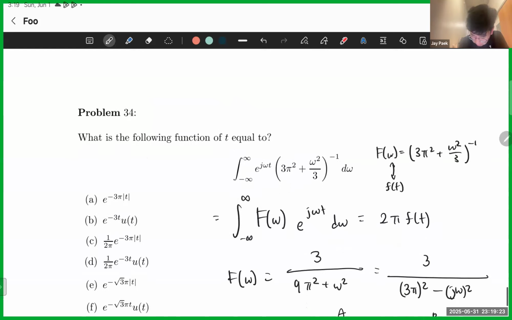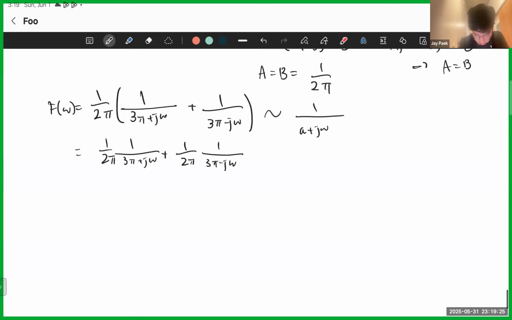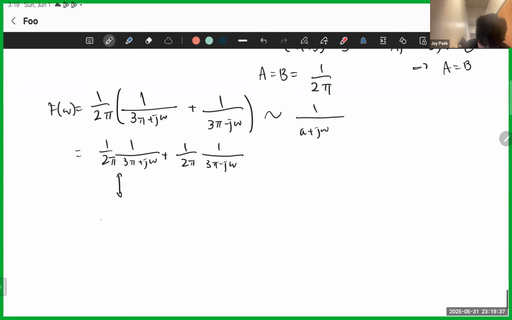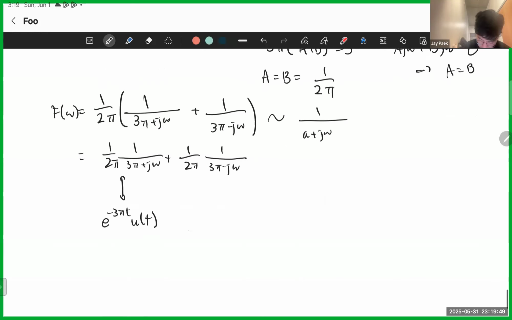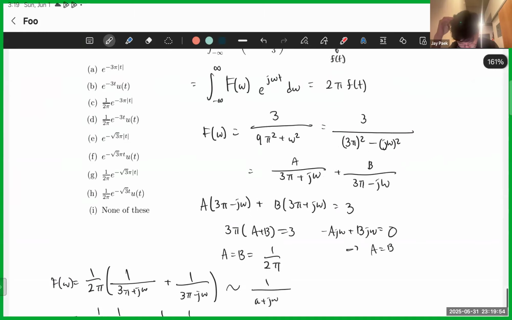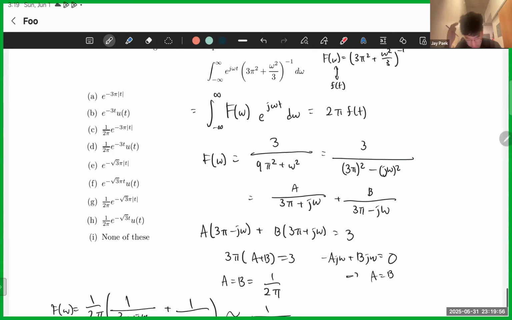Let me just make sure to check with my appropriate thing. I could convert this. This has an inverse Fourier transform specifically of e to the negative 3 pi t u of t. I think it's multiplied by 1/2 pi. Hold on, maybe I missed a 2 pi somewhere. Oh, there we go.